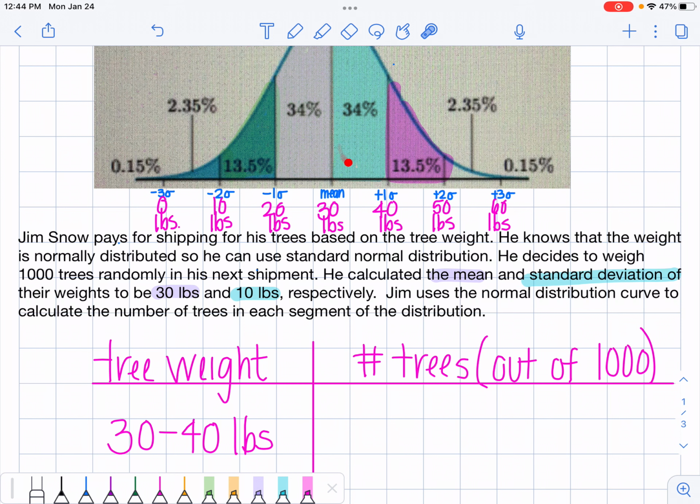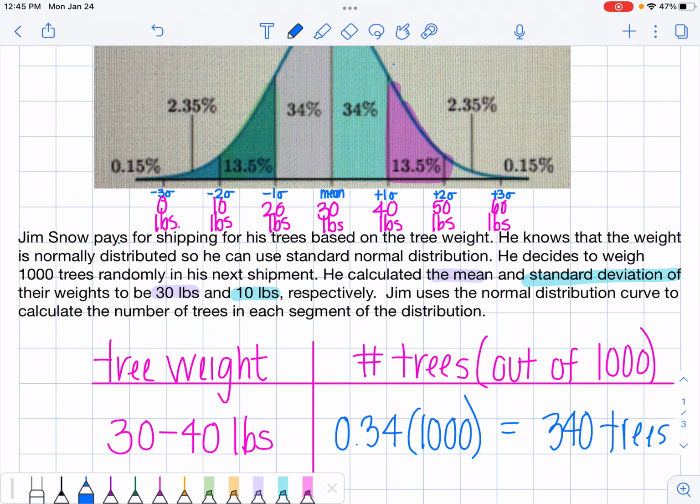We're 1 standard deviation above the mean, so this bluish area. So I know that 34% out of my 1,000 trees are going to weigh 30 to 40 pounds. To figure that out mathematically, I take 34%, which as a decimal is 0.34, times 1,000, which gives me 340 trees.